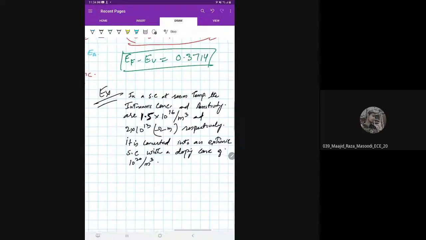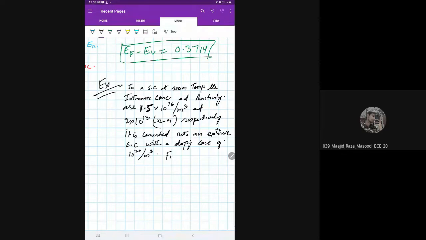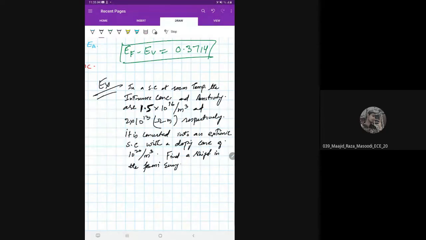Then the question asks, find the shift in the Fermi energy level due to doping.